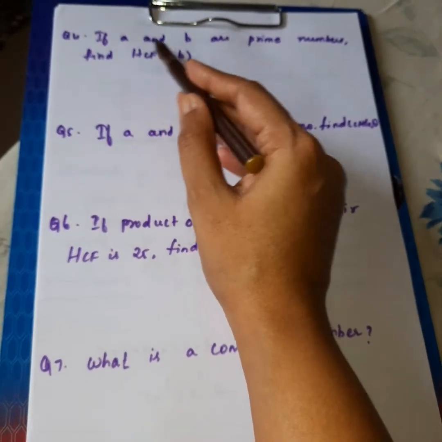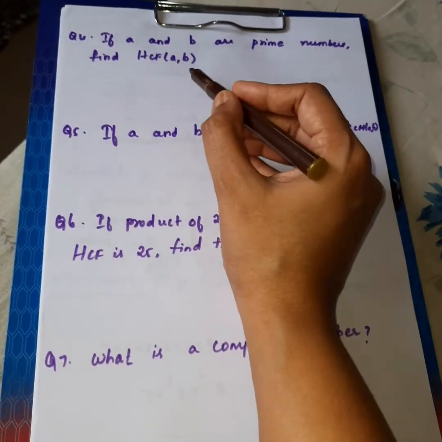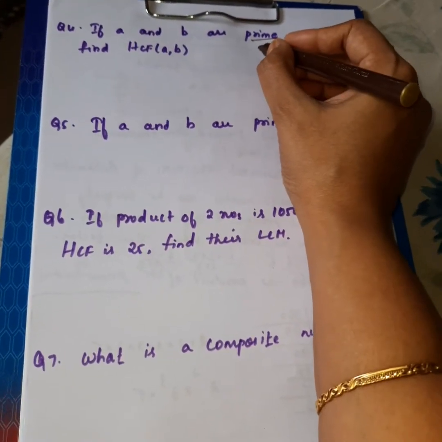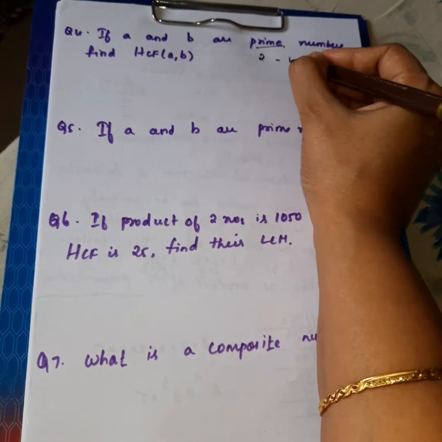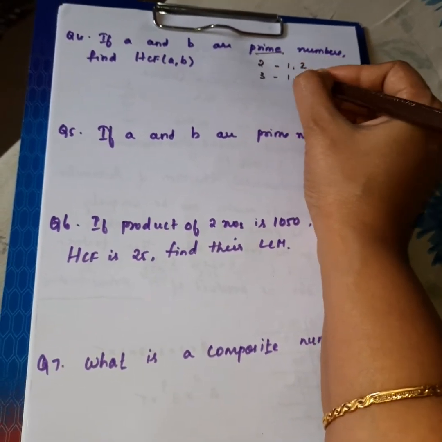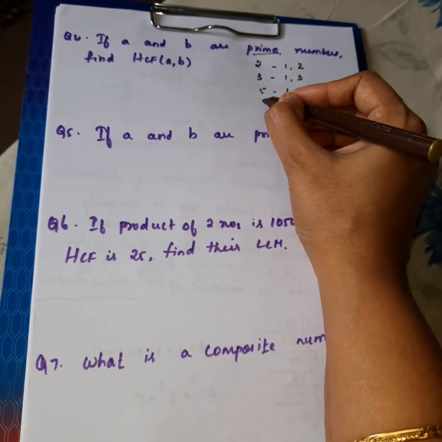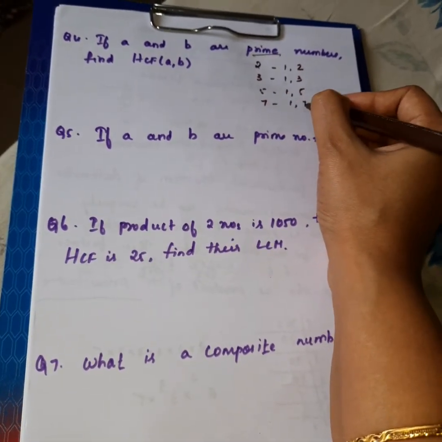Next question 4. If a and b are prime numbers, find the HCF, highest common factor. It's been already mentioned as prime numbers, which have only 2 factors. For 2, it's 1 and 2. For 3, it's 1 and 3. It's not divisible by any other numbers other than 1 and itself.